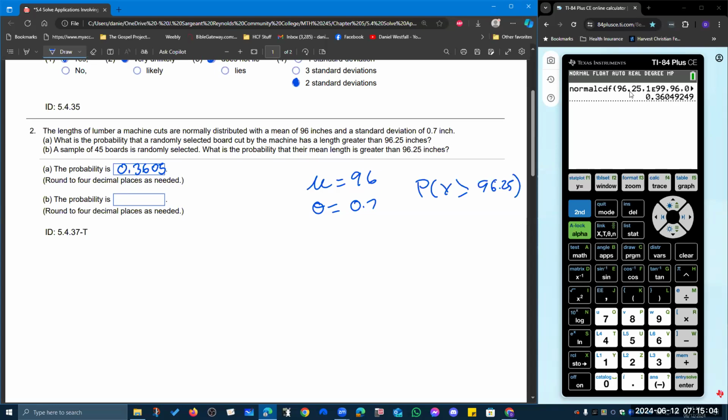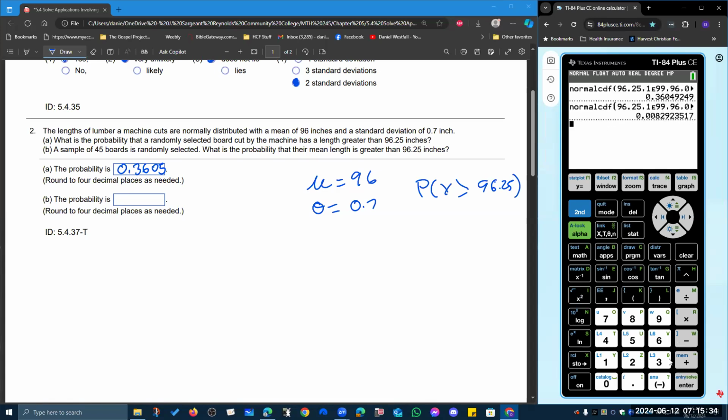Okay, now the question is going to change. If a sample of 45 boards is randomly selected, what is the probability that their mean length is greater than 96.25? So we're going to come back in here, do normal CDF, but we're going to change the standard deviation to be divided by the square root of 45, so that we get a distribution of sample means now.